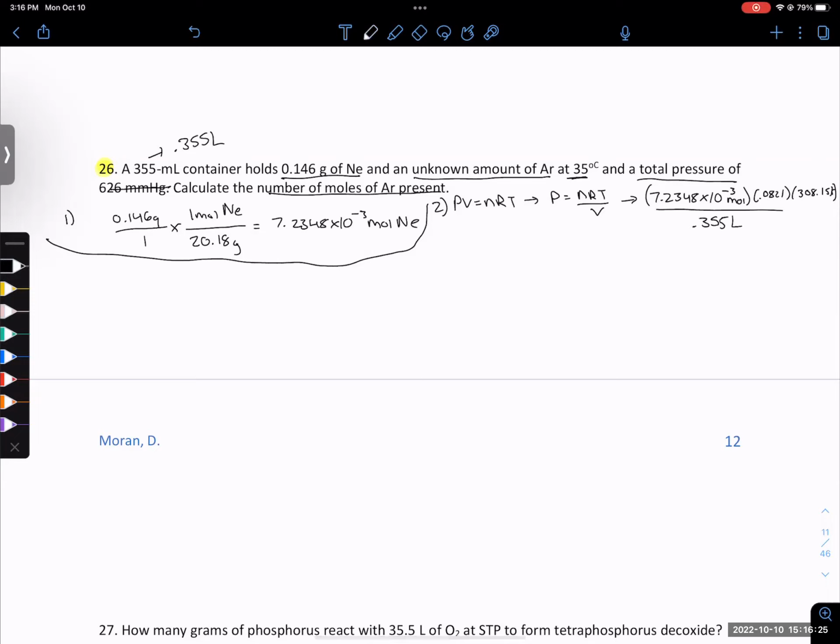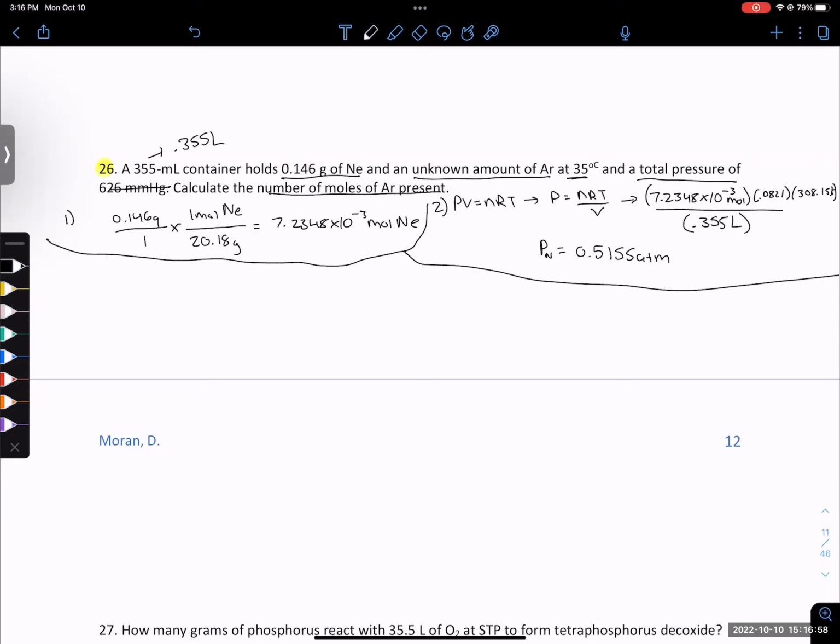We get a pressure of neon of about 0.5155 atmospheres. That's the pressure due to neon only.